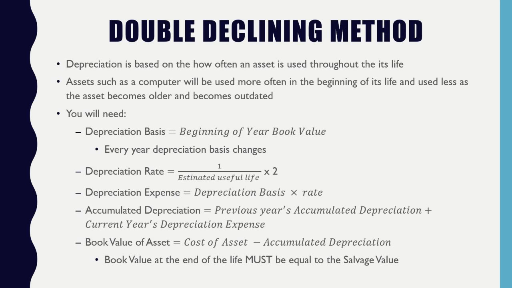What is double declining? Well, the idea of double declining is that you have a tendency of using the item more often in its early years versus its later years. A perfect example of typical things that you would normally see would be anything that's electronic or an appliance. You get a laptop for school, right? You're more likely to use it very much in the very beginning of its life.